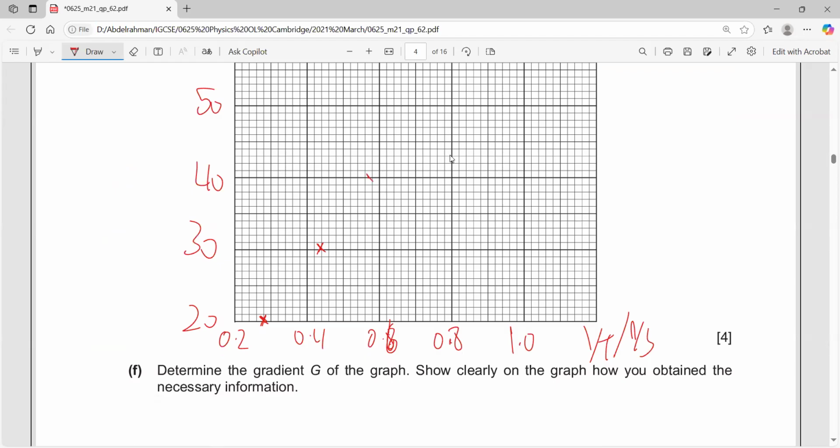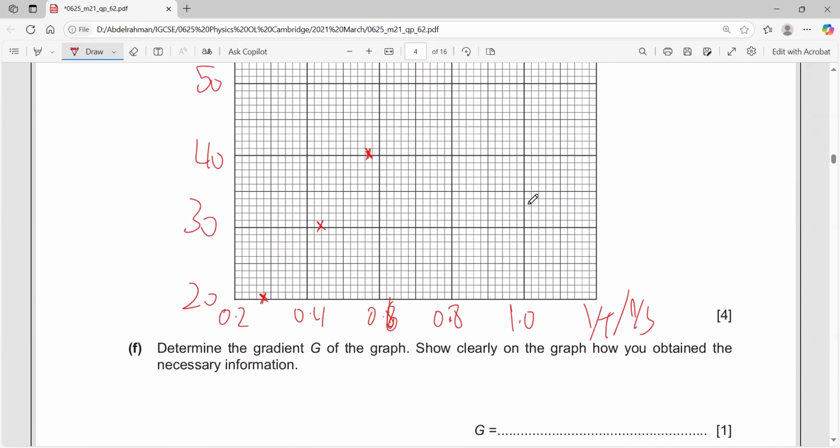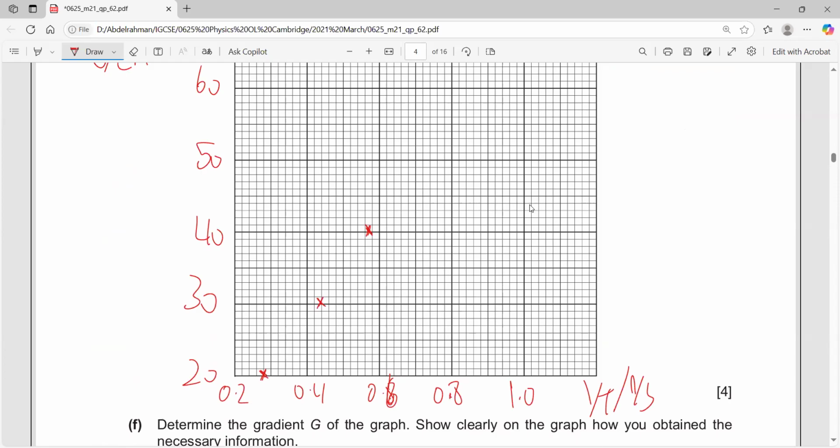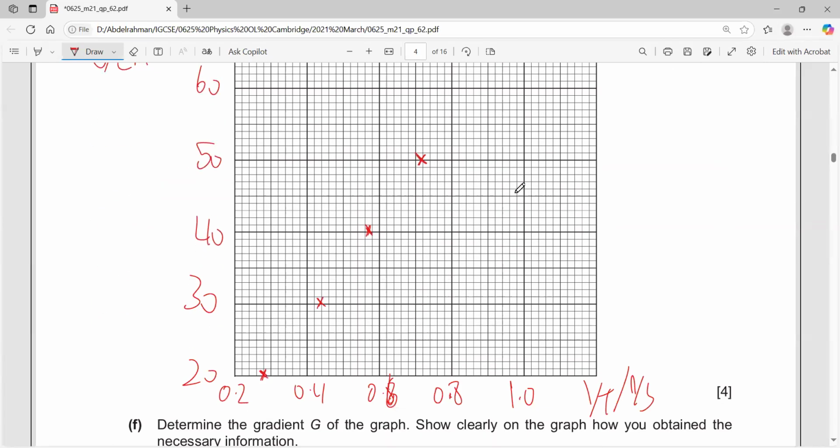This is 30, 40 and 0.57. 50 and 0.72. 60 and 0.88, which is exactly at this point.